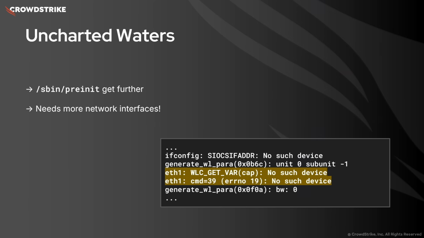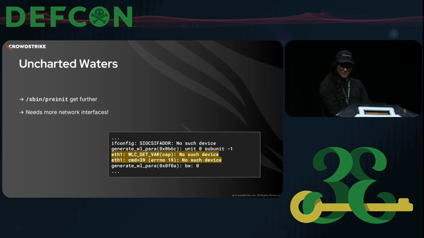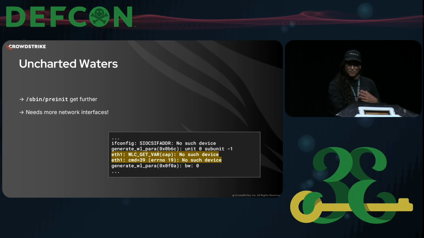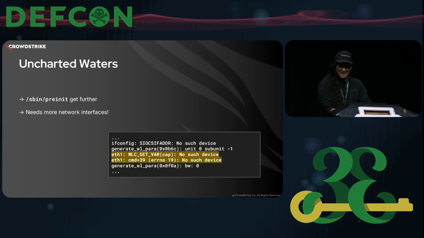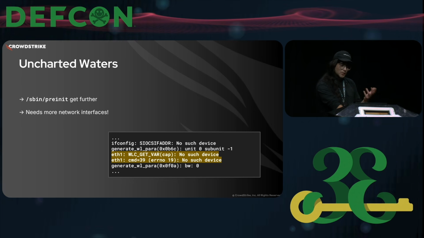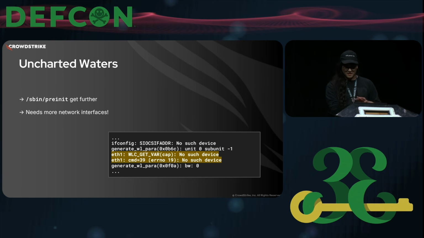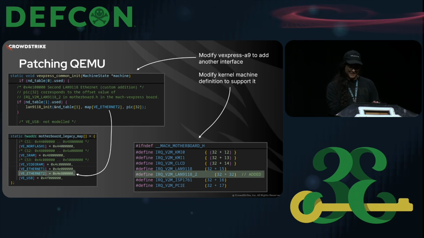Once we have NVRAM, pre-init works a bit better and gets a bit further, but we start hitting other issues that we weren't necessarily expecting. Pre-init needs there to be more than one network interface. It's looking for F1, but it can't find it. We can't just add another interface without tweaking the vExpress machine and the kernel Mac vExpress a little bit. But we can quite easily do it.